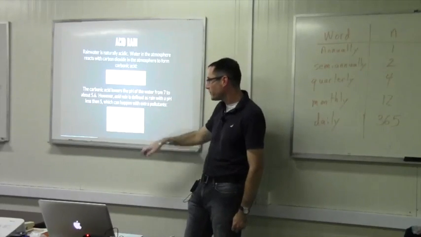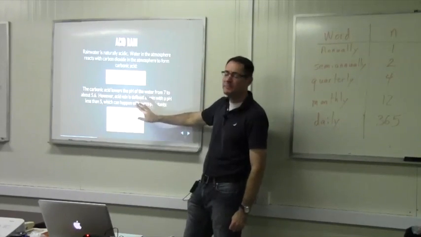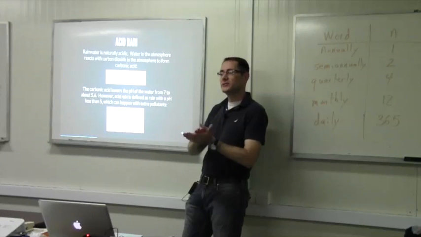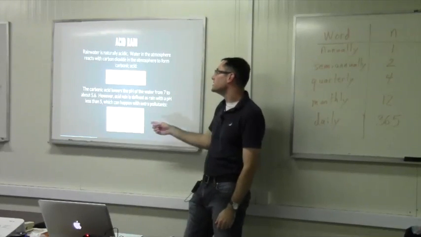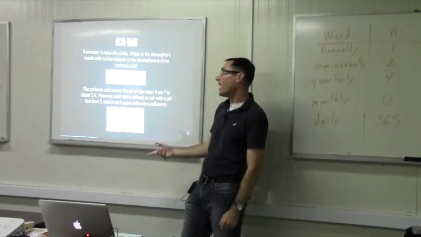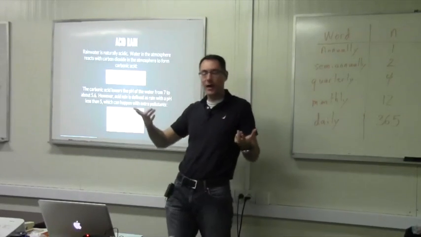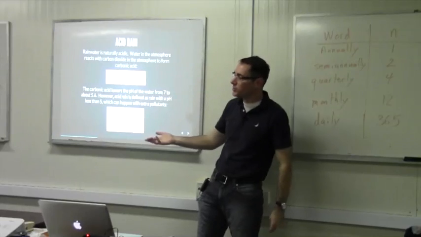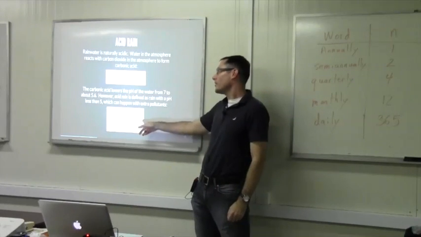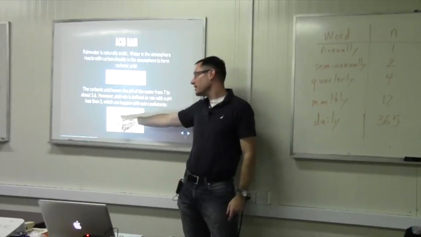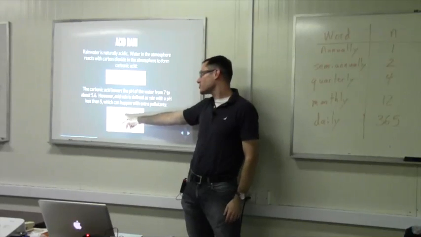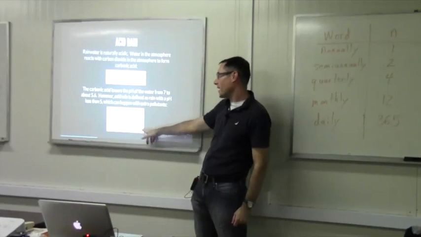It's 5.6, whatever. Sometimes, however, you get what's called acid rain, which has a pH of less than 5. That happens when you have extra pollutants in the air. When you have things like sulfur dioxide, that reacts with oxygen to create sulfur trioxide.